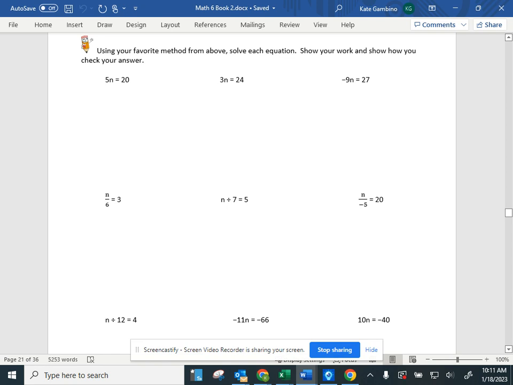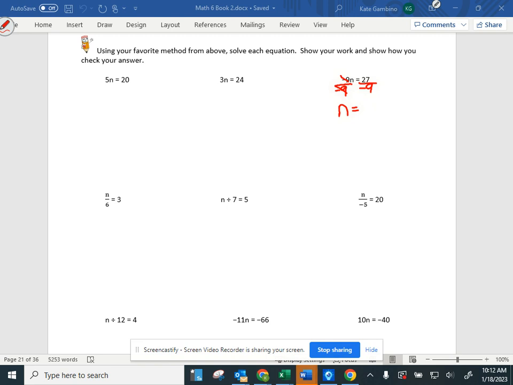Negative 9n equals 27. What operation are we doing in there? Yeah, we're originally multiplying, so our opposite would be divide. What am I going to divide by? Negative 9, because it's a negative 9 on top. So divide, not multiplying, dividing both sides by negative 9. Negative 9 cancel out.